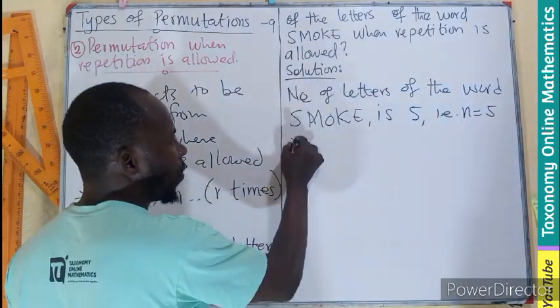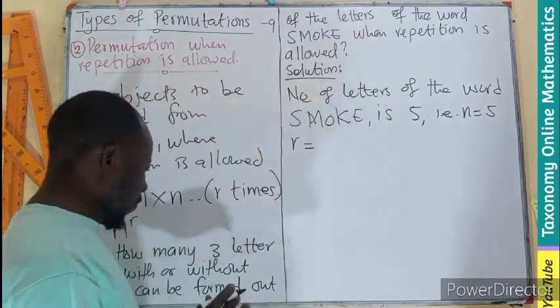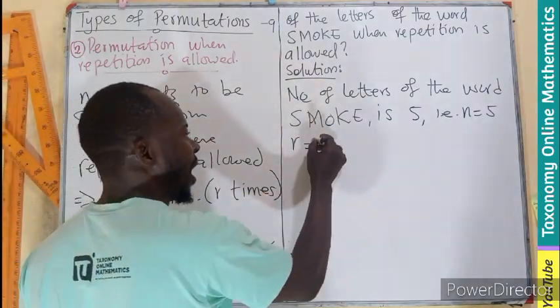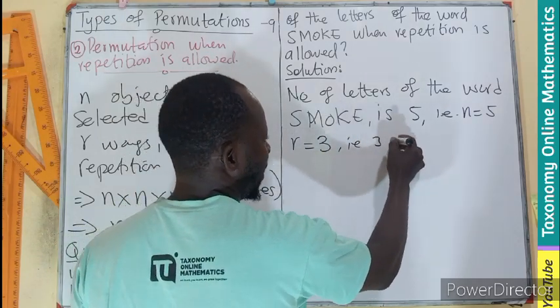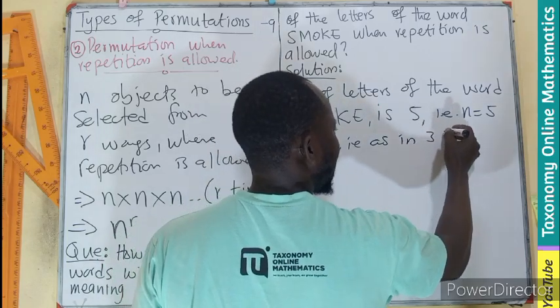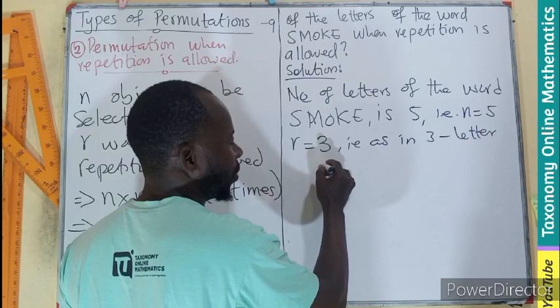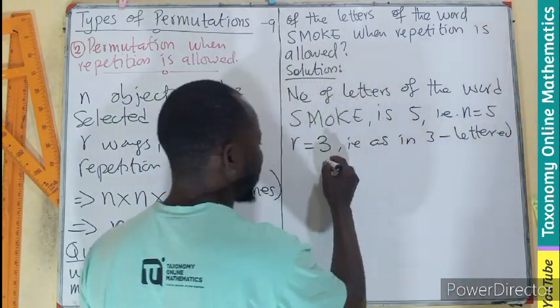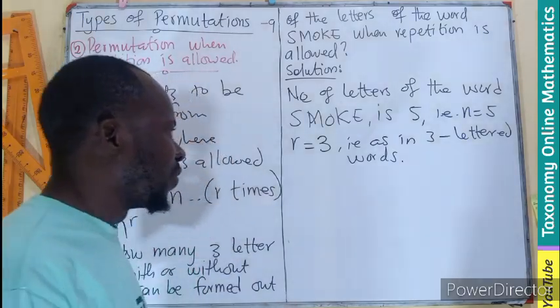Then let's go for r, which is going to be the repetition of three-letter combinations. We have 3, as in three-letter word. You can correct the English as we go forward.